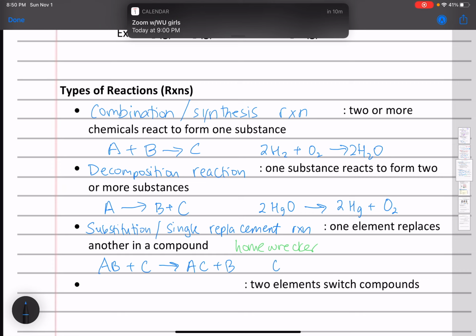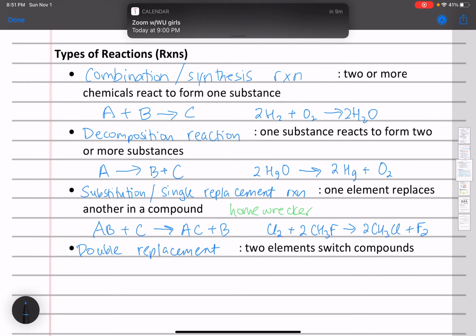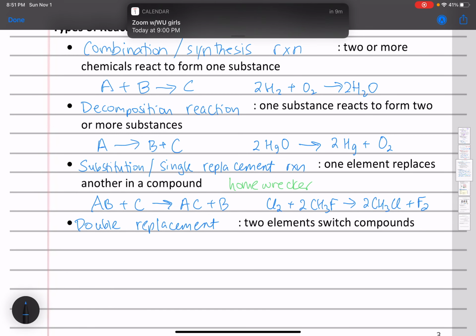So an example of this reaction would be Cl2 plus 2CH3F reacts to form 2CH3Cl plus F2. In this case, the chlorine is the homewrecker that kicks out the fluorine and replaces it in the compound. All right, and then lastly, we have double displacement or double replacement reactions. And this is when you have 2 elements that swap compounds.